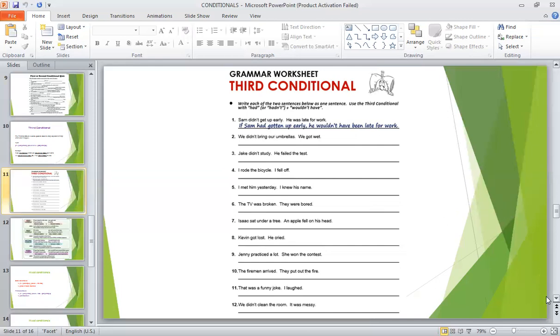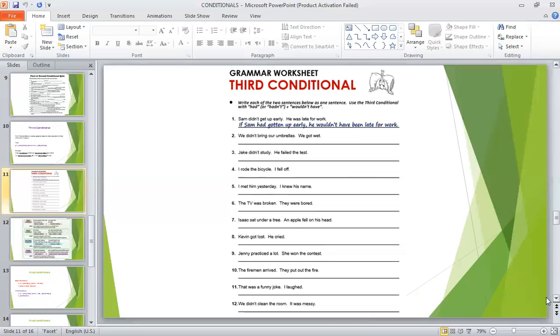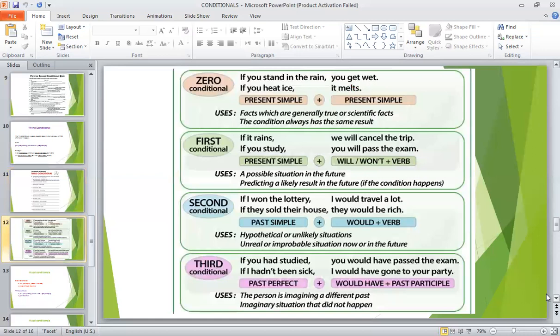Don't mix negative and positive, so you don't reverse the meaning or make the meaning in the wrong way. This is just a summary of the types of conditionals, form, and example for each.